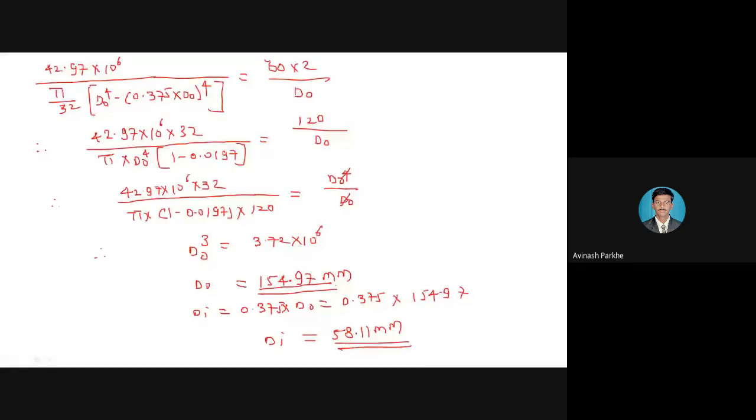T upon J is equal to tau upon R. By using this formula we have calculated. Please do the calculation, others, and represent your answer in the chat box. 58.10 mm. Yes. Yes, 58.11. Correct.